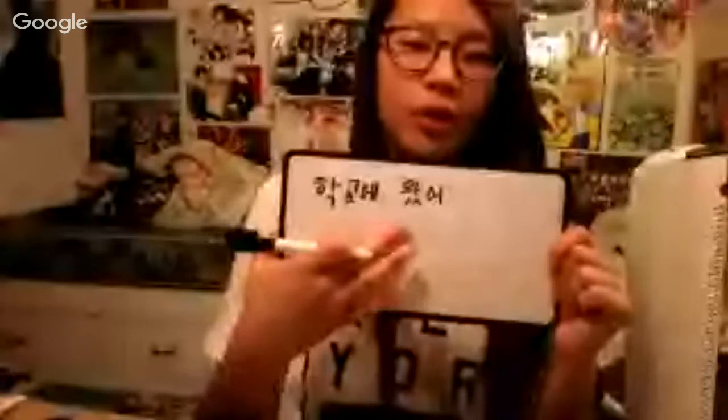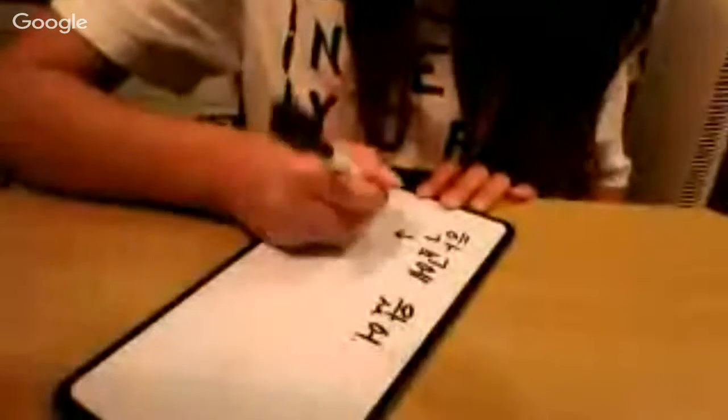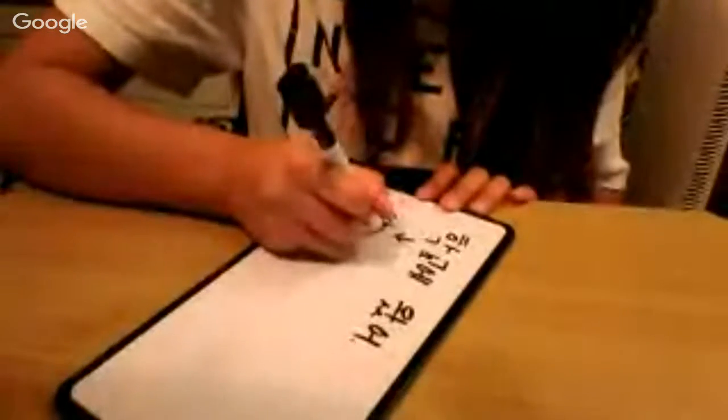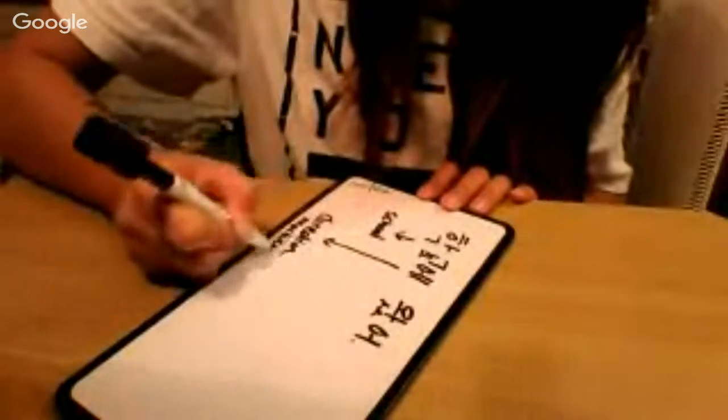In this sentence I wrote 학교에 왔어, which means I went to school. I'll also break this down for you guys. 학교 is school, 에 is the direction marker.